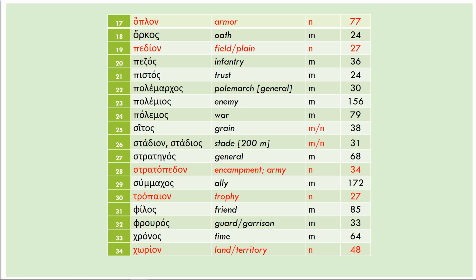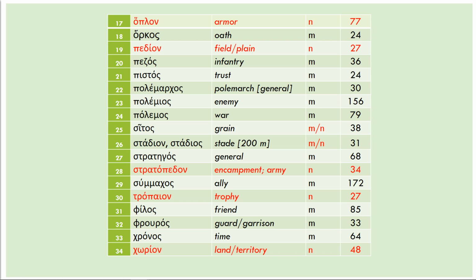Now you'll notice a lot of these are fighting words, quite literally. Infantry, polemarch. Infantry is actually pezos, meaning foot, right? Sitos, grain. Strategos, general. Stadion is a unit of length, about 200 meters long. We get the word stadium from it. Philos is a friend. Phylax is a guard.